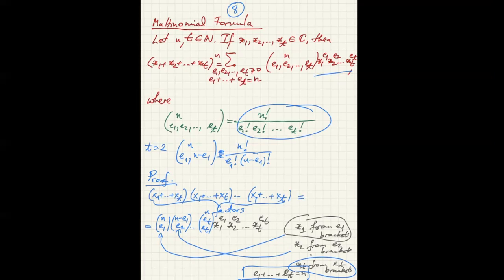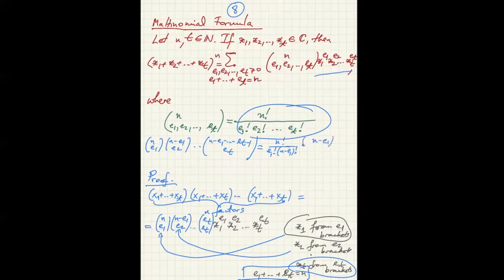So let me erase here for a little bit. So when we write n choose e1 times n minus e1 choose e2, and so on, up to n minus e1 minus ... minus e(t-1) choose et, we get n factorial divided by e1 factorial times n minus e1 factorial. That's the first one.